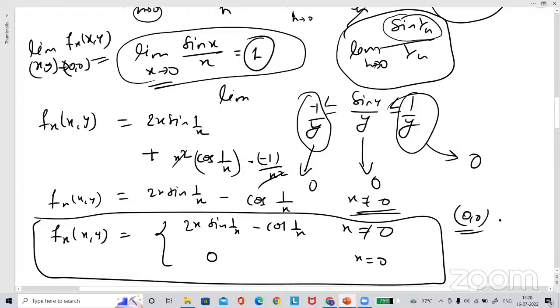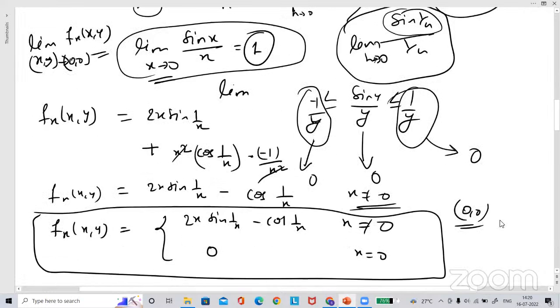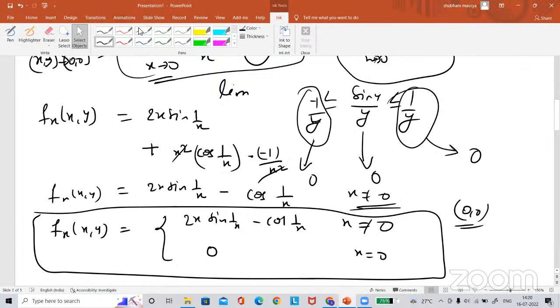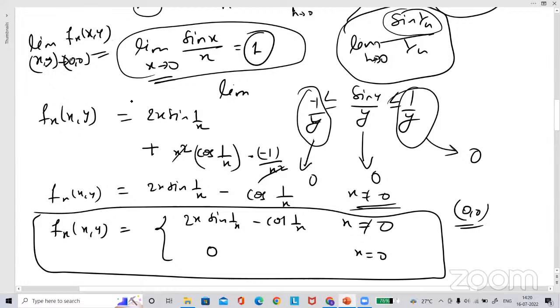This is your function. So will the limit exist for this function at 0 0? So how would we find it for x not equal to 0? It is given in the question. So that means you have to find the limit of it.